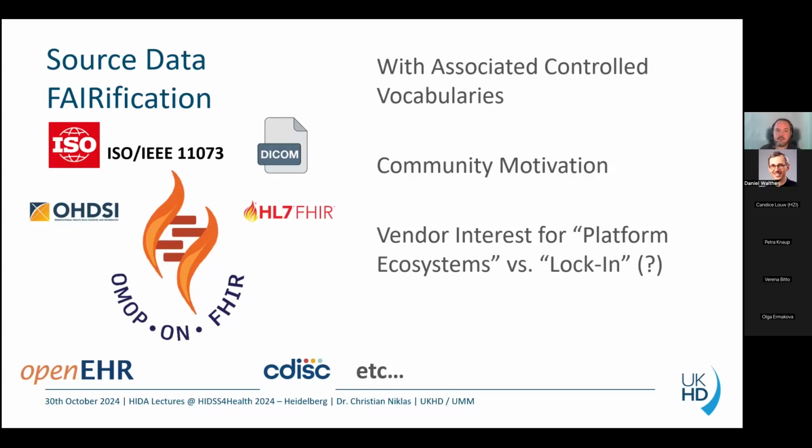However, other image modalities don't have that standardization. And then obviously you'll find a lot of talk about OHDSI, namely OMOP, the Common Data Model, or HL7 FHIR. Obviously, openEHR is a big contender.